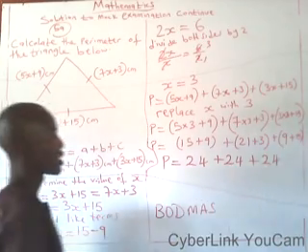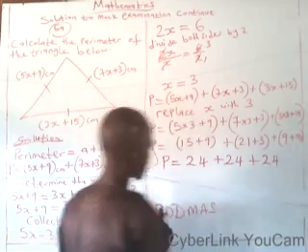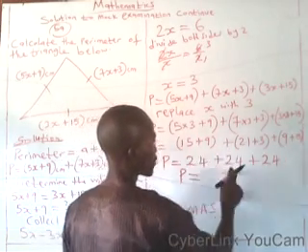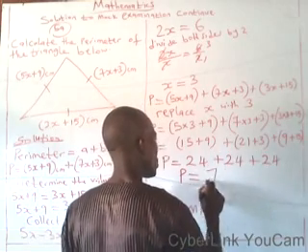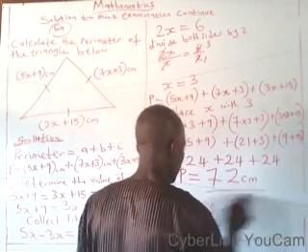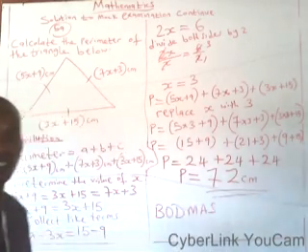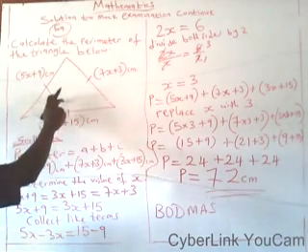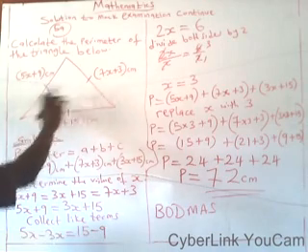So in that case, if you add everything up, the perimeter is going to be 24 plus 24 plus 24. This is going to give us 72 centimeters. 72 centimeters is the perimeter of this particular triangle.